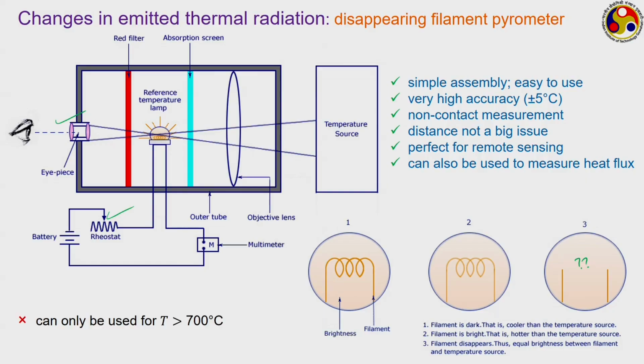But the problem is that as we are looking for some kind of visible emission from the filament itself, we need to go for very high temperatures. The filament can emit some light only when its temperature goes above 700 degrees Celsius. So, we have to breach this particular temperature range to make use of this disappearing filament pyrometer, and it is not suitable for continuous measurement. But this is a kind of optical pyrometer, and particularly when we go beyond this temperature range, it is a very useful one from the measurement point of view.